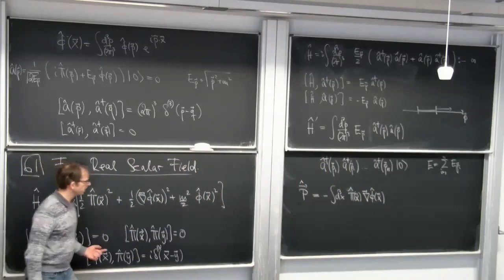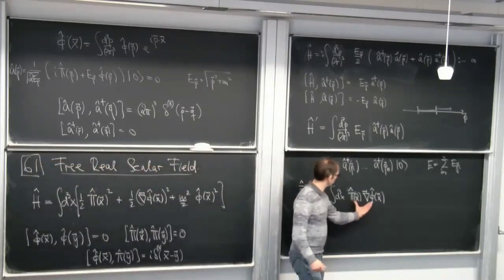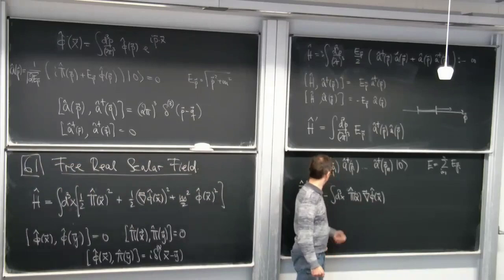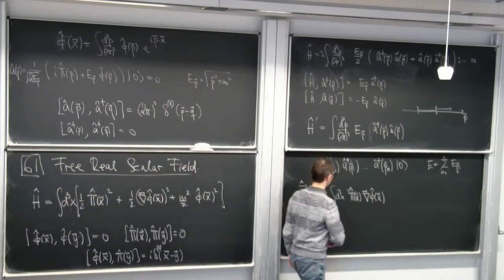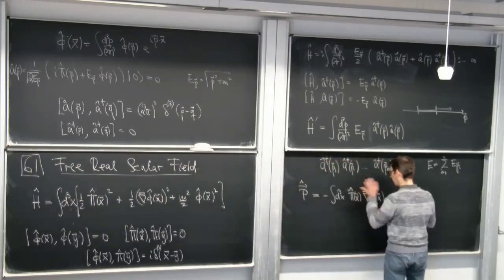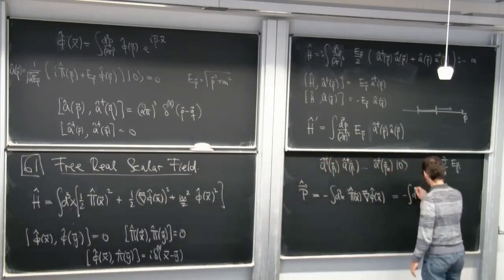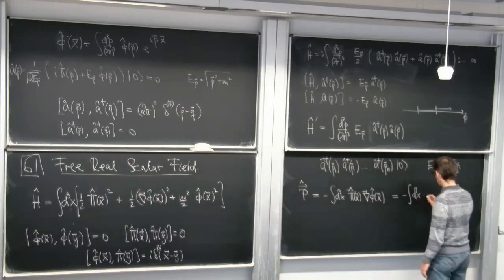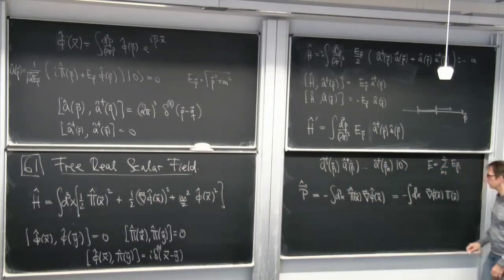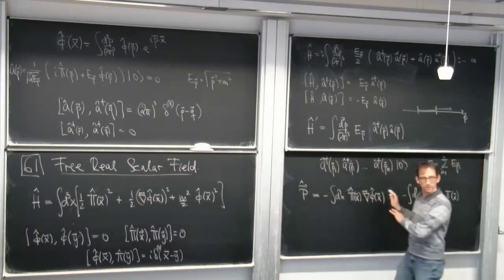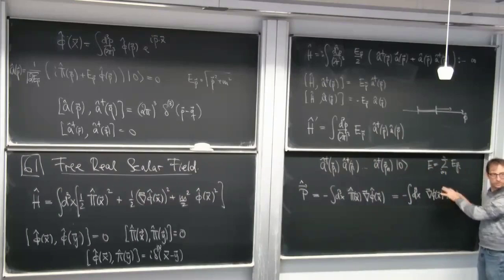So it isn't clear to me that that was the right thing to do, because classically, when you had no hats, there was no problem writing the same thing as gradient phi times pi in this order, because these are just functions and everything is normal.